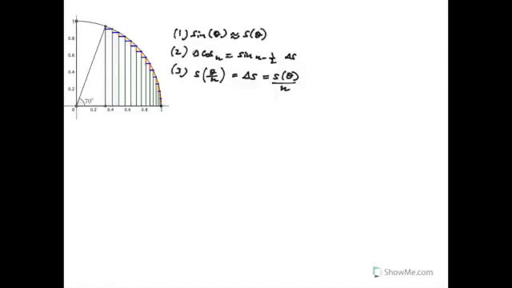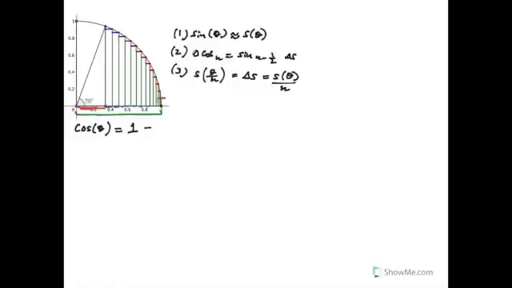So using these relationships, we can get a formula for an approximation of cosine theta. And the insight is that cosine theta, which is this red line here, can be thought of as the difference between this green line, which is 1, minus all these little blue small segments.